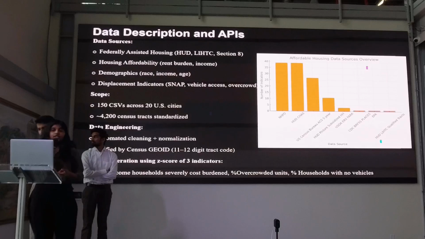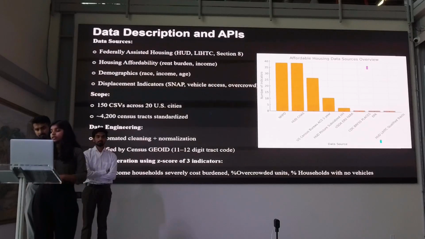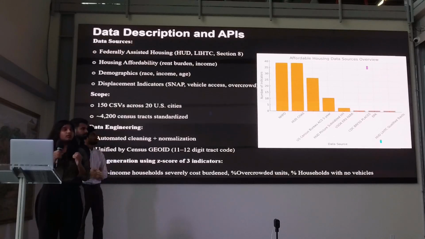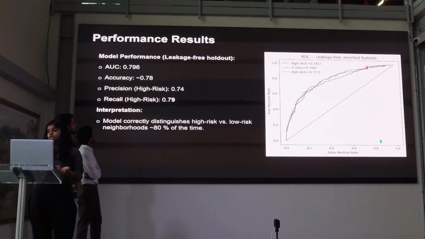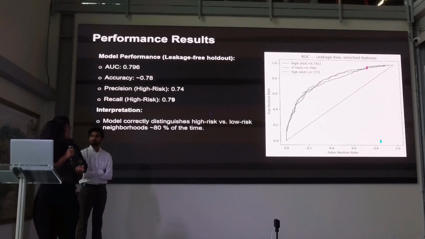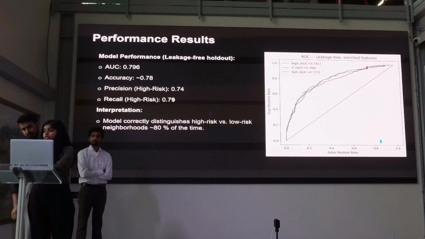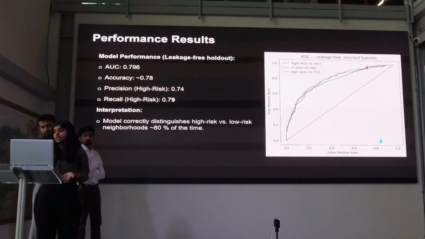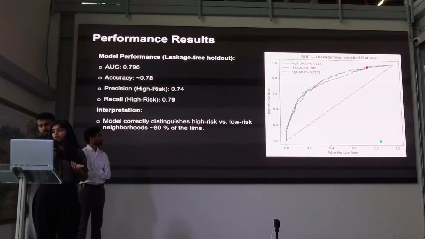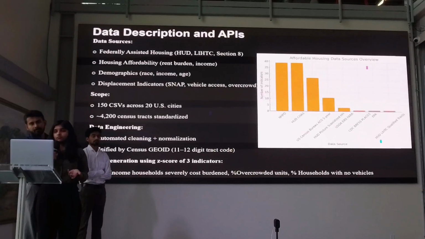The bar chart shows most of our housing data. As you can see, the biggest portions are from NHPD and HUD CHAS, which provided the largest number of housing indicators.